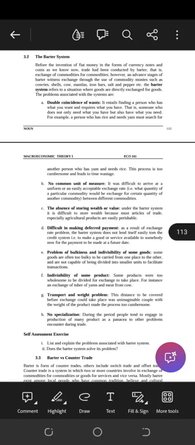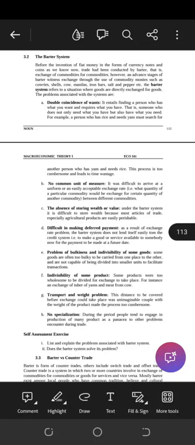So before the invention of fiat money, fiat money is the type of money that is backed up by law. Money backed up by law, only fiat money. It's also known as legal tender. So in case you want to note it, money backed by law is fiat money, also known as legal tender.